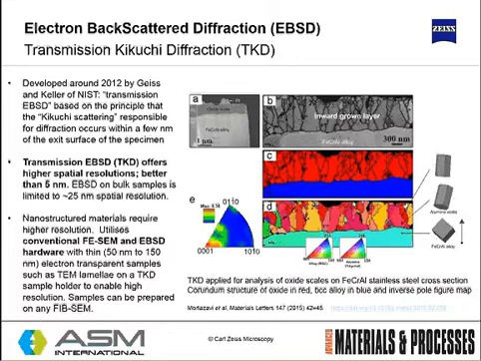What this means is that there are higher spatial resolutions, which can be better than 5 nanometers, whereas EBSD on a bulk sample is limited to roughly 25 nanometers spatial resolution. This is particularly important with nanostructured materials, which may require higher resolution. It uses completely conventional FE-SEM and EBSD hardware, but the samples themselves are thin, electron transparent, such as TEM lamellae, in a special holder.